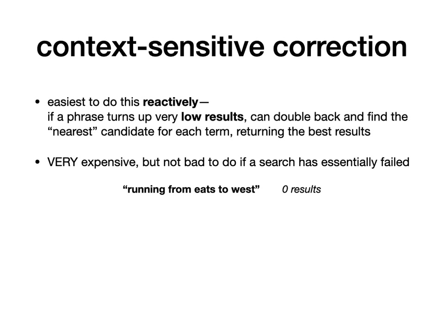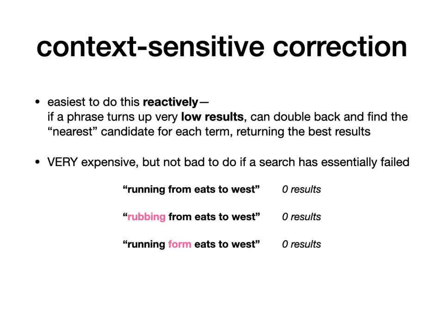So you would need to come up with a fallback, a different function to say, hey, this phrase returned nothing. So I'm going to go through each term and run the same search again, but replacing each term with its nearest neighbor. So running from east to west, well, it's probably still stupid.